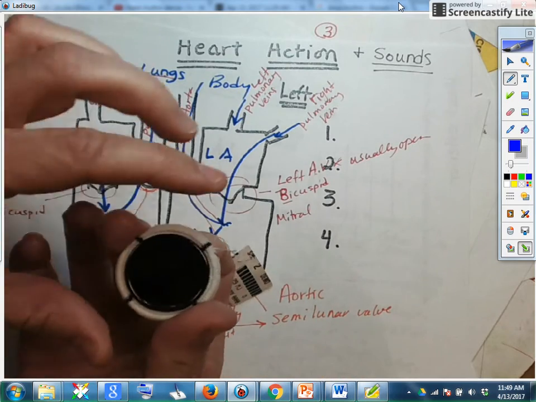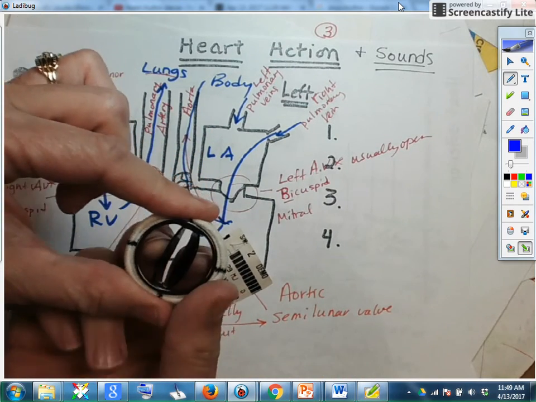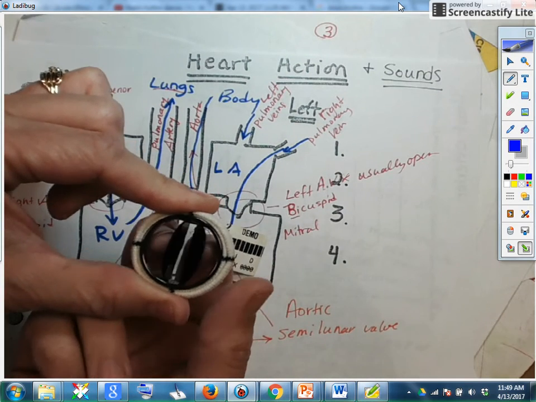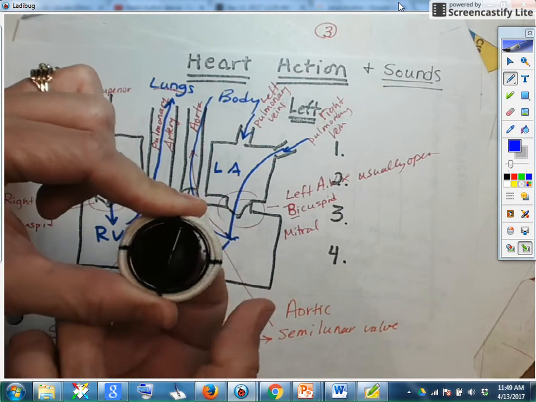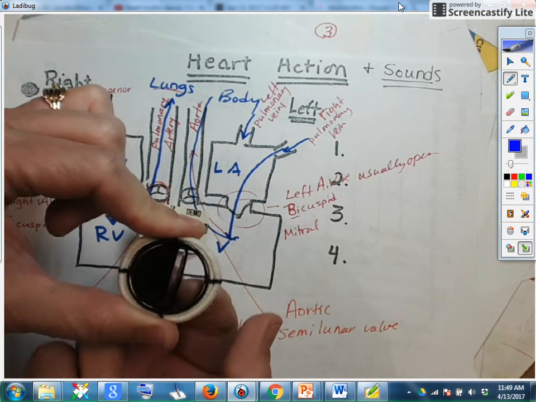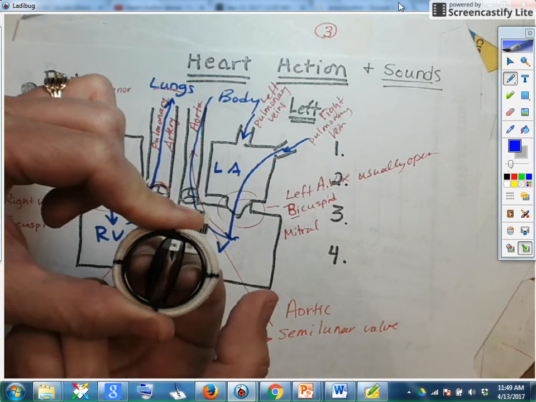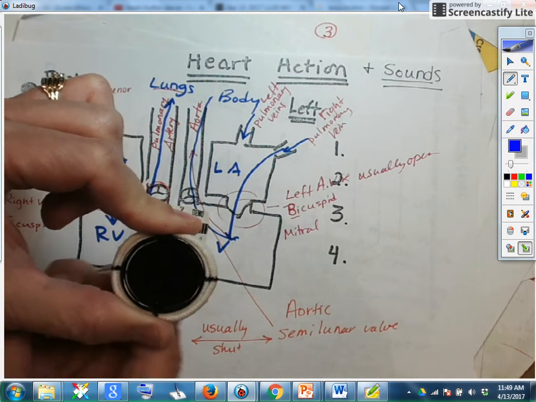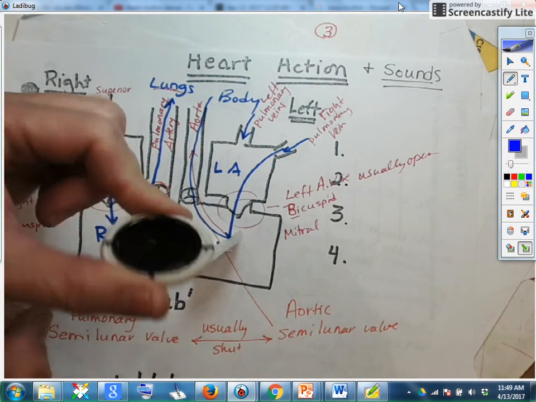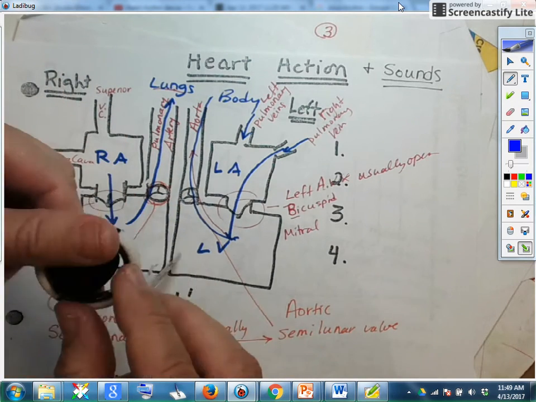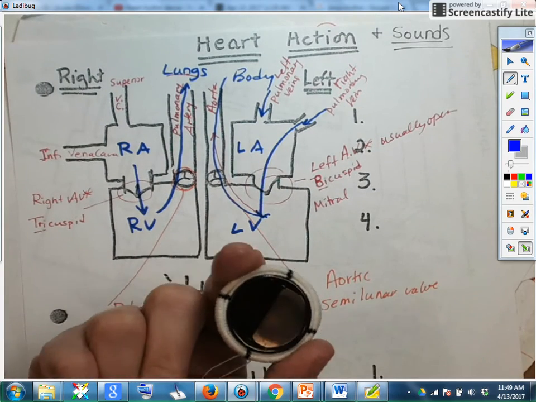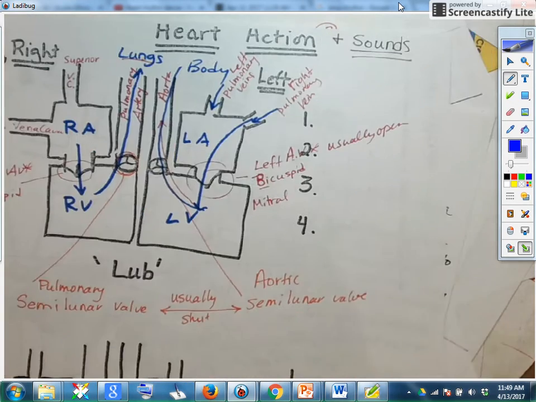When the heart contracts, it would force blood through, and then the blood would shut it. Blood opens, blood shuts, blood opens, blood shuts. So contract, pushes blood. Relaxes, shuts. Contracts, pushes the blood. Okay. So kind of a neat little device to replace a patient's valve that doesn't work.